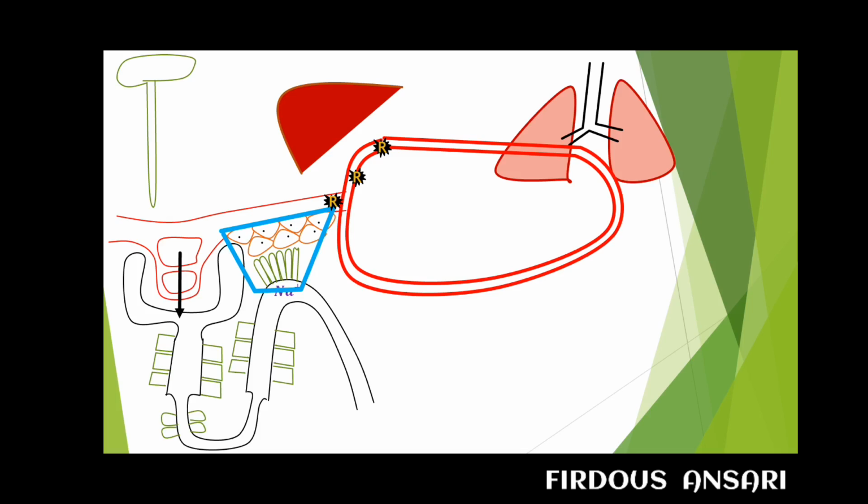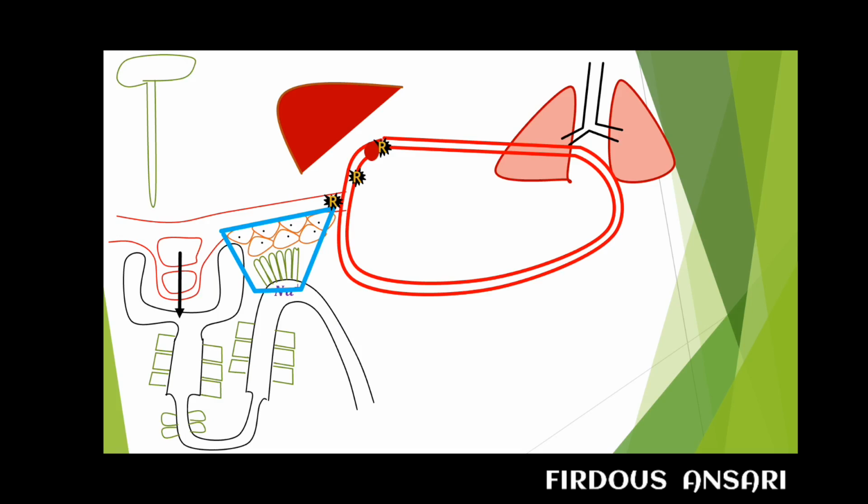What happens next? The next role is played by your liver. The liver is constantly releasing a protein known as angiotensinogen, which does not have any action as such.